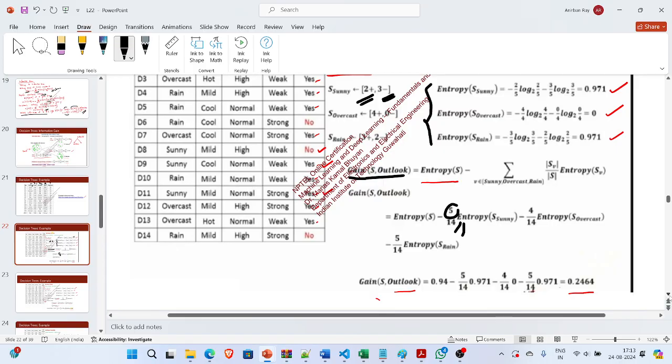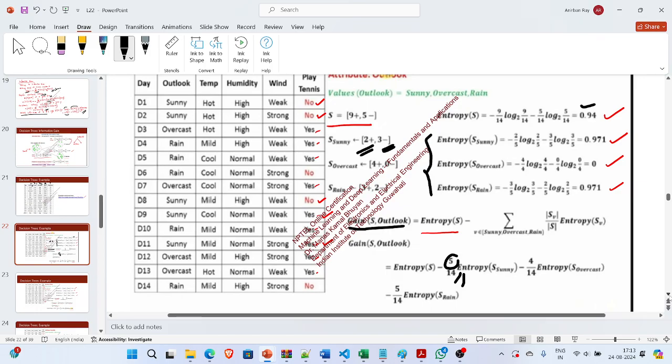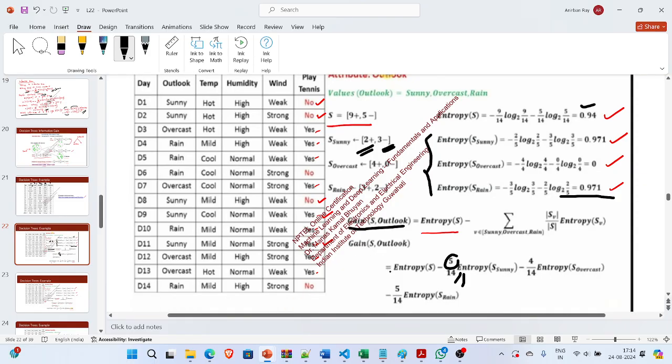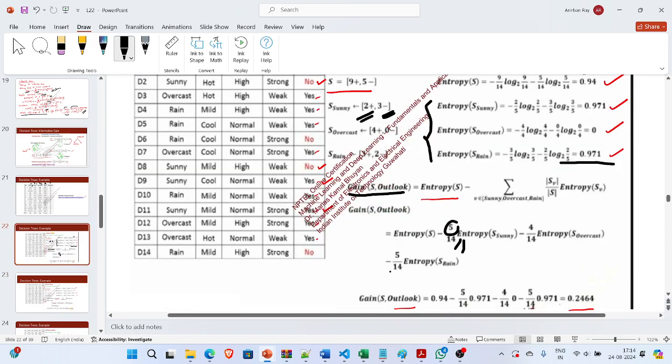As you can see, we have sunny, which is part of the outlook, along with overcast and rain. So the information gain with respect to outlook is this one.